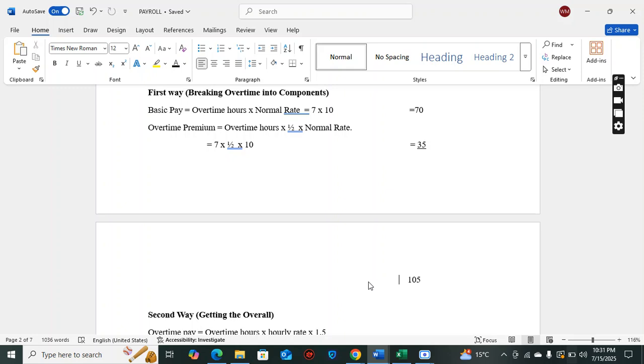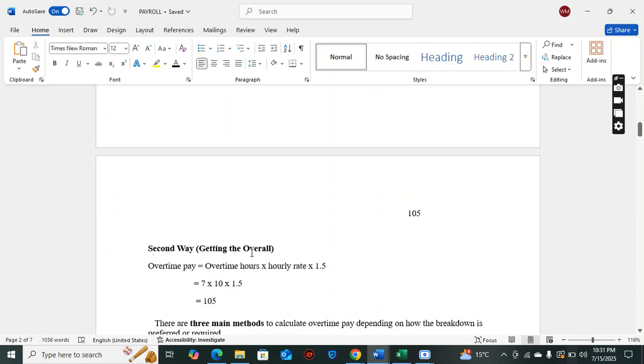Now, the second way, where we just get the overall overtime pay, we're not breaking it into components, we're just getting the overall pay. Remember, we said the overtime hours times the normal rate times the overtime multiplier.